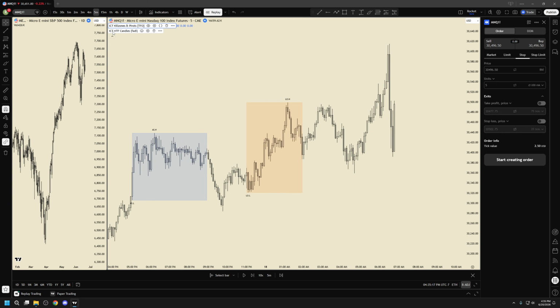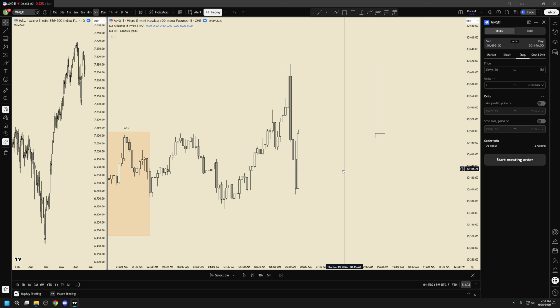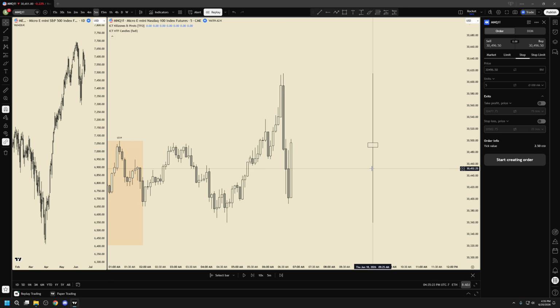And then the ICT higher time frame candles by Fadi. For this one, I have it on more often, but it's essentially the 4 hour candle right here. Because for my trading style, I like to follow the direction of the 4 hour candle and whether or not I see that the low has been manipulated. As an example, you can see this 4 hour candle, this low was right here, and this high was up here.